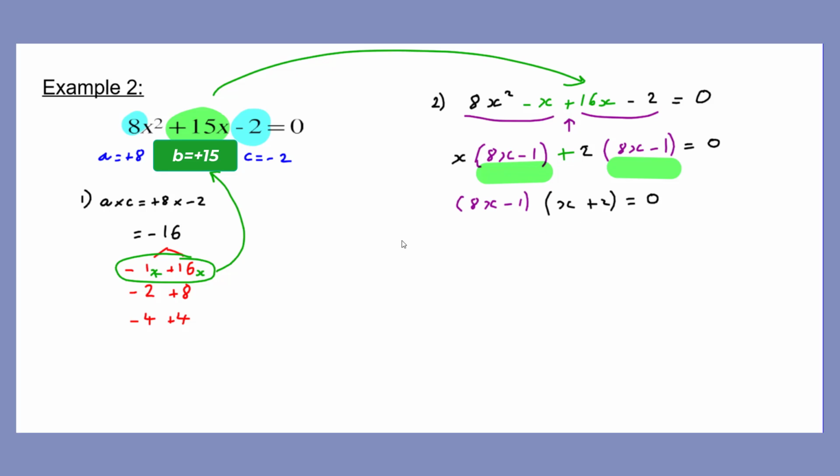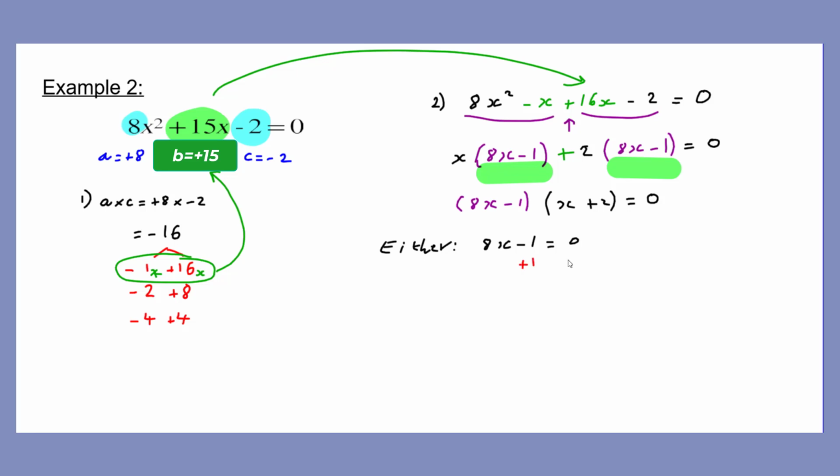We can solve using the same principle we've seen for the AC method in earlier sessions and the introduction to the AC method. If two factors give a product of 0, it means one of the factors must be 0. So in our case here, the first factor, 8x minus 1, must be 0.